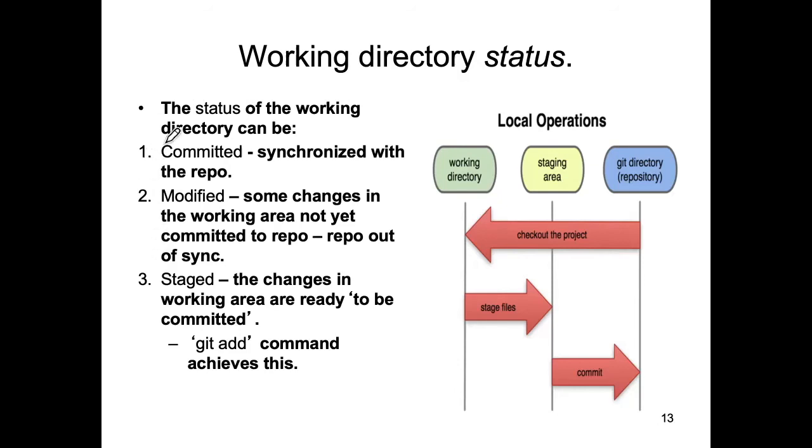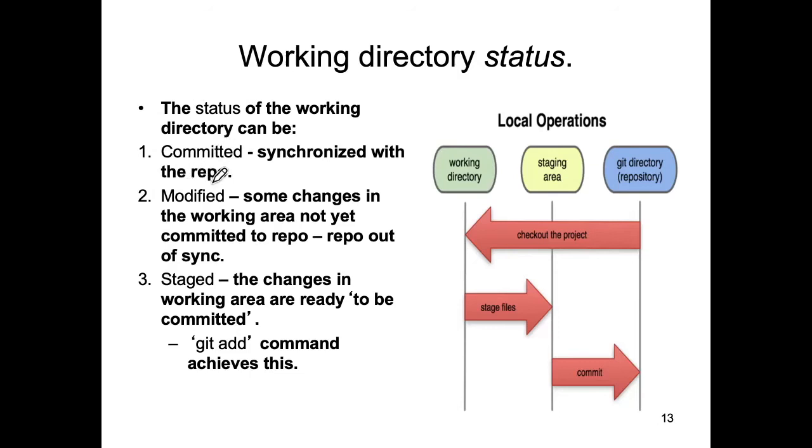The status of your working directory at any particular point in time will be one of these 3. We say that your working directory is in a committed status. What that really means is that the repository is completely in sync with your working directory. It has the most up-to-date version of every file in your working directory. That's the committed status.